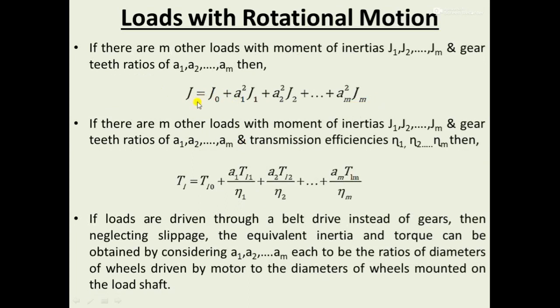That is, J is equal to J0 plus a1 square J1 plus a2 square J2 up till am square Jm, where J0 is the moment of inertia of the direct motor load coupled system, and J1, J2 up till Jm are the moments of inertia of different loads, and a1, a2 up till am are the gear ratios of the different gear trains. So all of you must remember this relation.